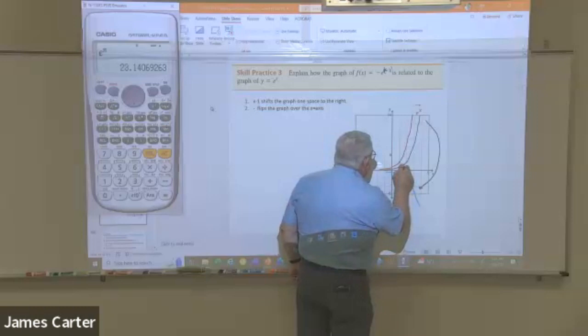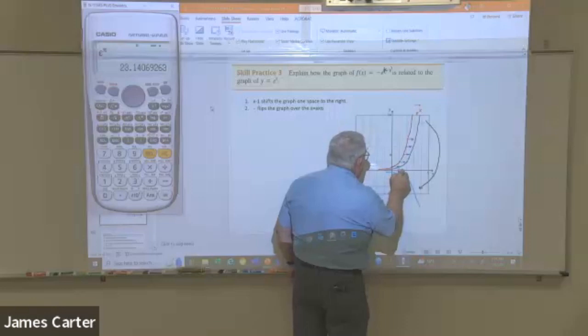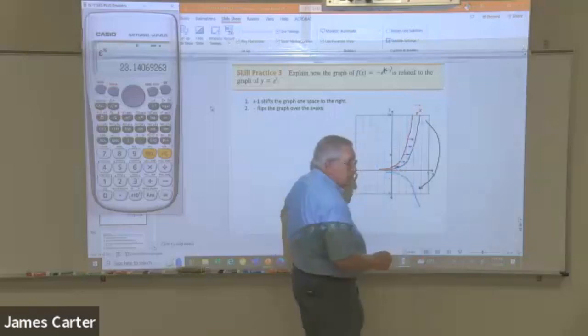So that means this negative means we're going to shift to the right one place. So every point on this is shifting to the right one place. Okay?